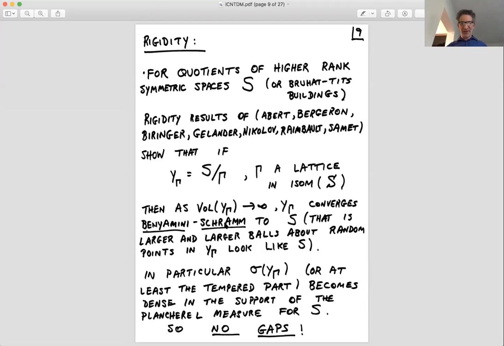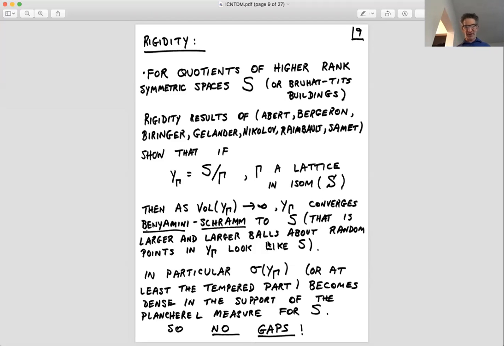So just think of them as very fancy graphs. And there's an amazing theorem of these 7 people, which says that nothing exotic can really happen, in the sense that these locally symmetric spaces, in the Benjamini-Schramm sense, converge to the universal cover.